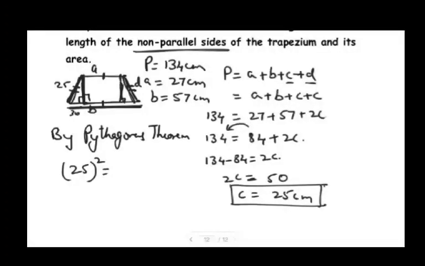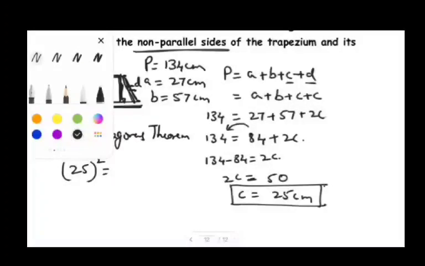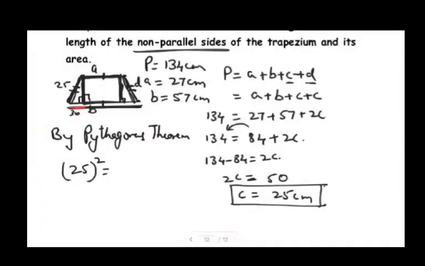If I have to make the trapezium into a rectangle, some of it will go from this side and some from that side, out of the 30 I'm left with. My extra portion is 30, and since it is an isosceles trapezium, it will be equally divided: 15 on this side and 15 on this side. Correct, children?